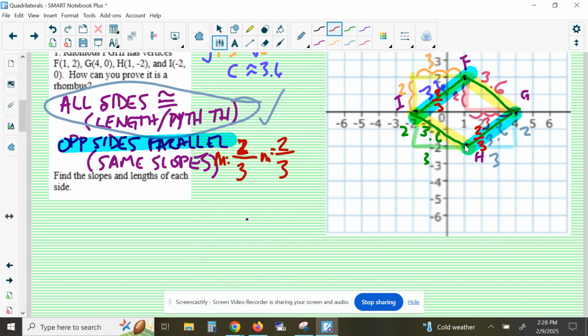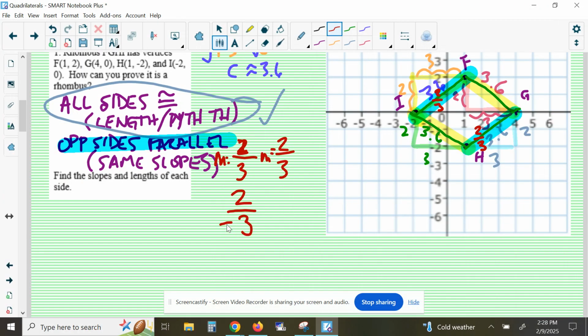Okay, it doesn't matter which end I start at. I'm going to start right here and rise 1, 2, and run backwards 1, 2, 3. So for that one, I'm rising 2, and I'm running backwards 3. So that's a -3.